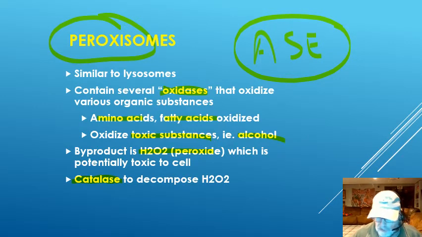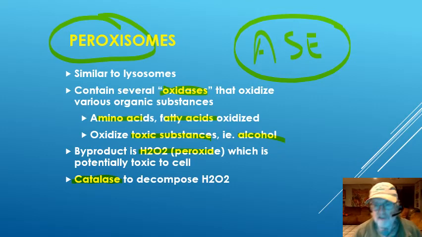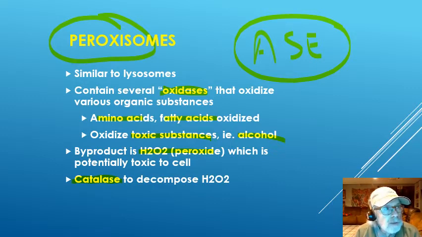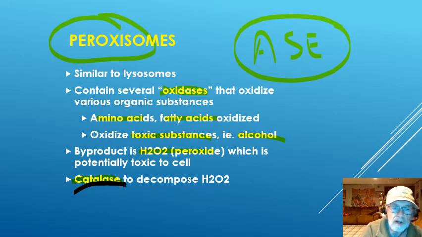Now, let me ask you a question. If you ever put peroxide on a wound, what did you notice after you put it on? Go ahead, I'm listening. Oh, you saw it bubble. And why did it bubble? Because when you get a wound, it releases an enzyme called catalase, and that catalase decomposes the peroxide.